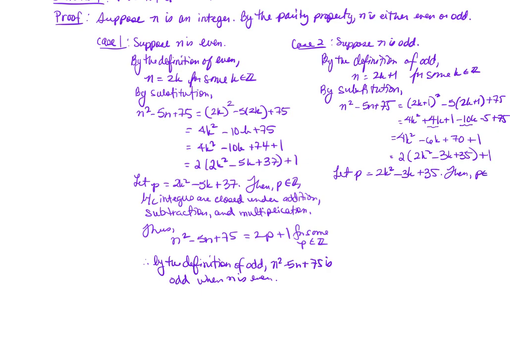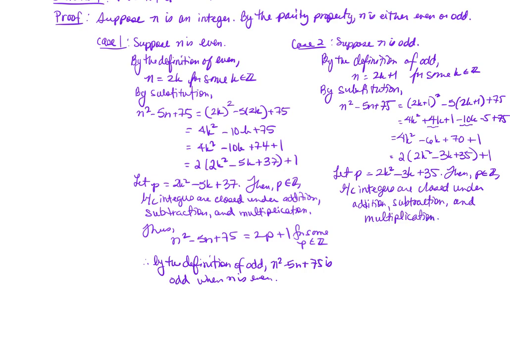Then we know that p is an integer because integers are closed under, and we have all 3 again. We have addition, subtraction, and multiplication.